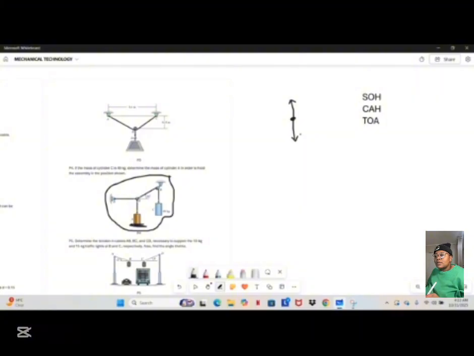Which is going to be C, B, and... no, this one I don't include. We have the one which has components, I'm sorry.